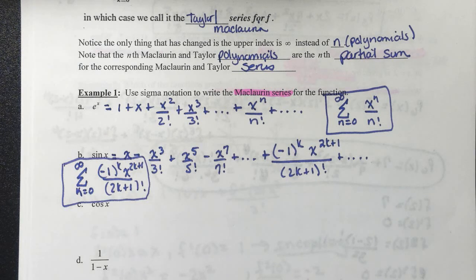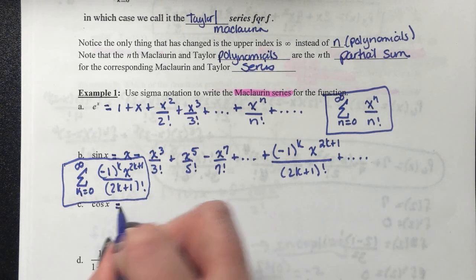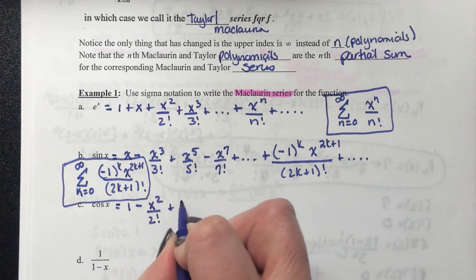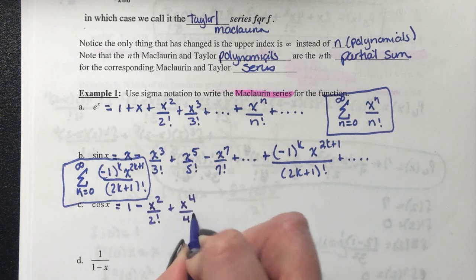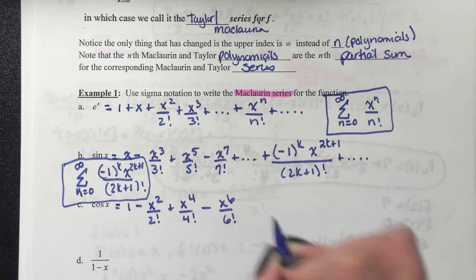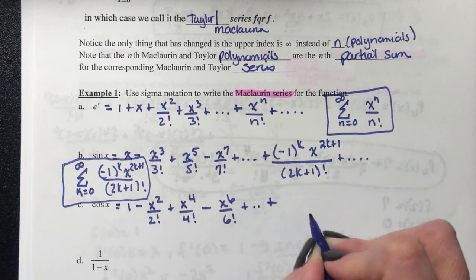Cosine of x from trig is what kind of function? We know that's your even. So again, only the even powers are going to remain for the Maclaurin series for your cosine of x. Remember, this is going to be 1 minus x squared over 2 factorial plus x to the fourth over 4 factorial minus x to the sixth over 6 factorial plus dot, dot, dot plus.